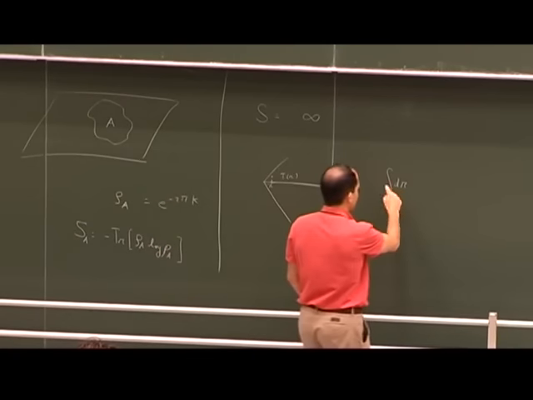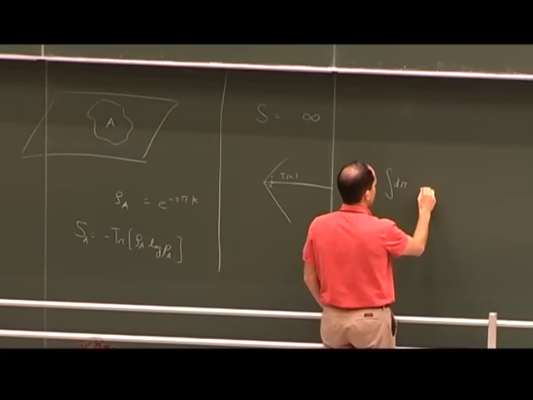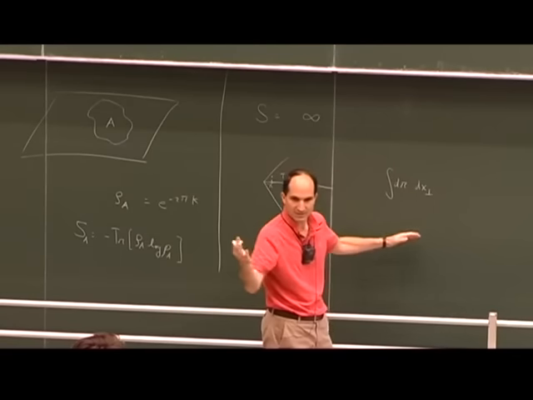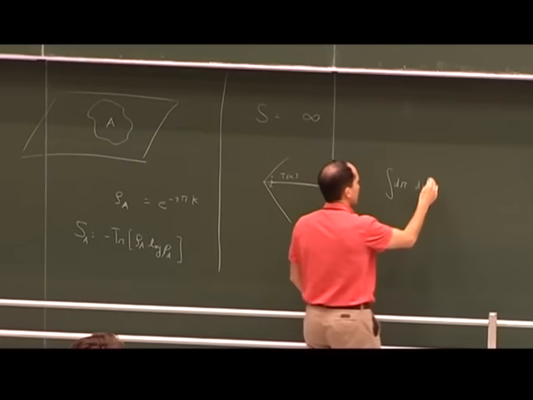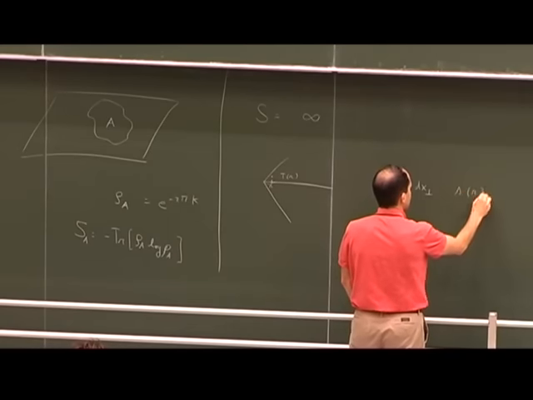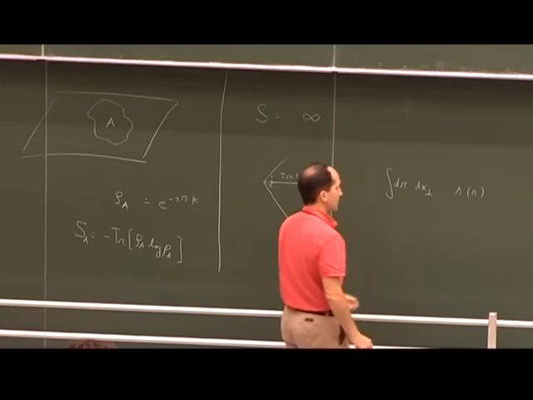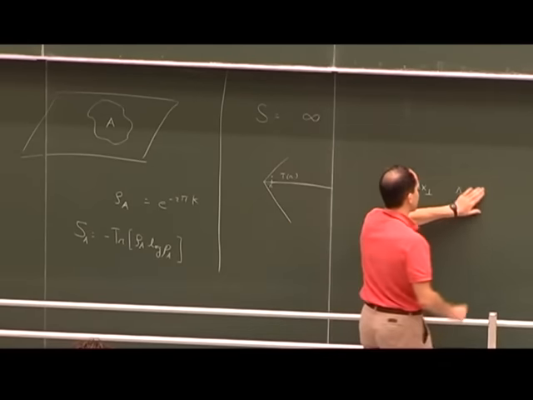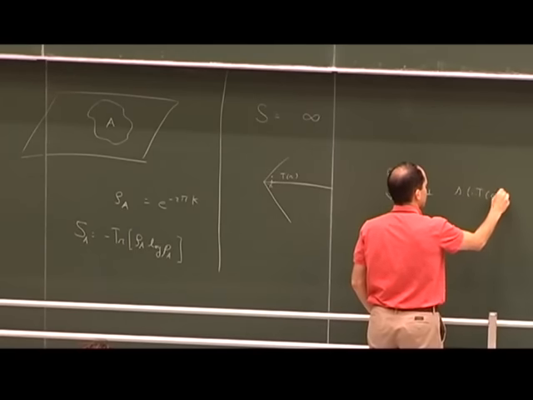So we'll have the integral dr of, also dx perpendicular if we have some transverse perpendicular directions, of some entropy density, which is the entropy density at the proper temperature T of R. So S of T of R. Okay.